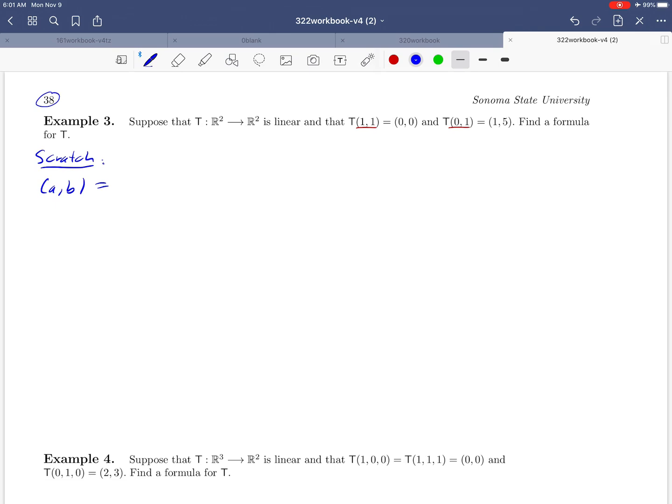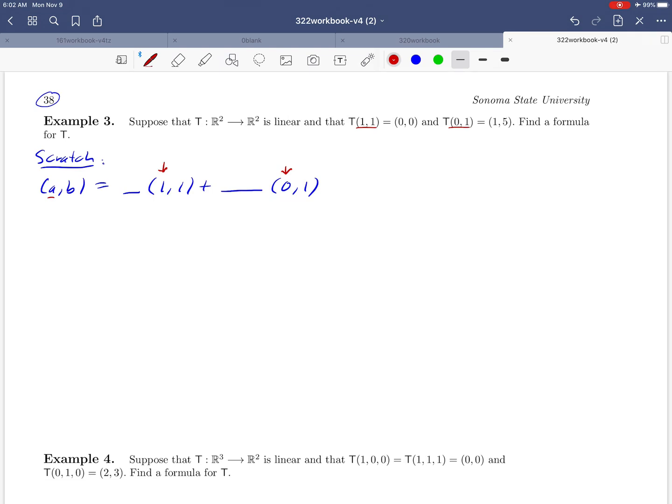Well, that's like asking, what would we need to put in the blanks so that this is a true statement? We're going to do this coordinate by coordinate. So let's focus first on the first coordinate, A. To get an A in that first coordinate, we want to focus on these 2 first coordinates, the 1 and the 0, in our 2 ordered pairs, and ask what numbers would need to go in the blank.